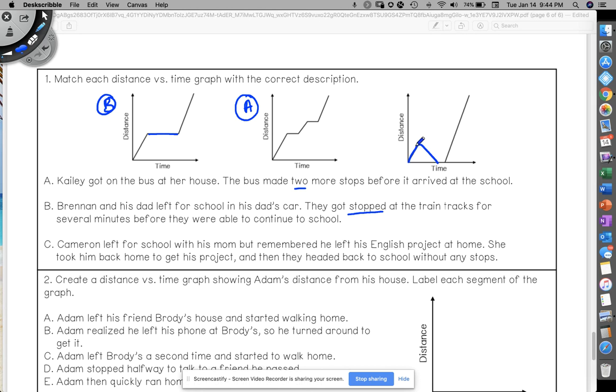So if you notice, he went back to where he originally started from. She took him home to get his project. So this is the area of rest where he had to go in and get the project. And then they headed back to school. So this is back to school. So that's how you would read this graph here. So we're going to put C.